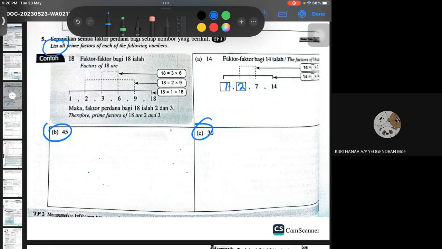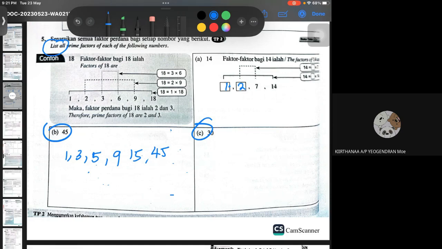So we just list 1, 45, and then 5, 9. Oh, before that, 3. So you go by number. Don't straight away jump. Okay, these are the factors for 45.